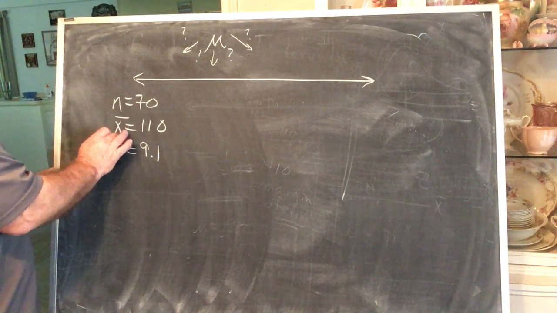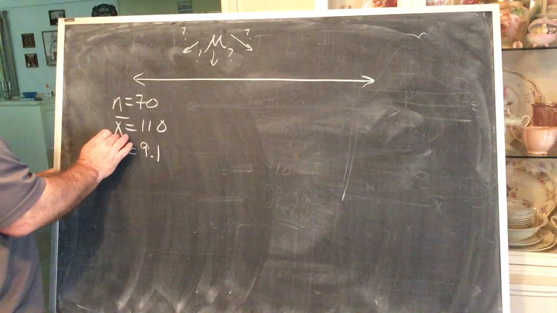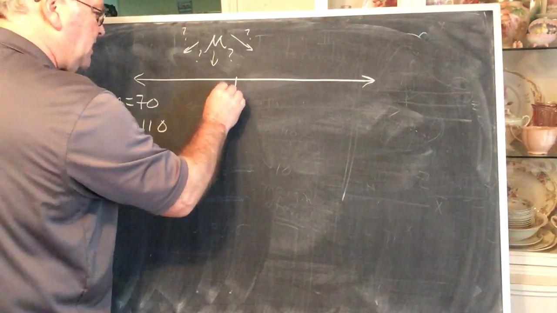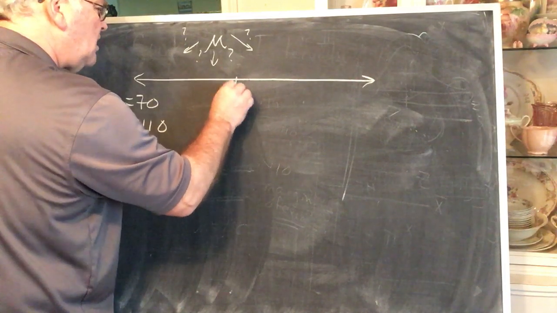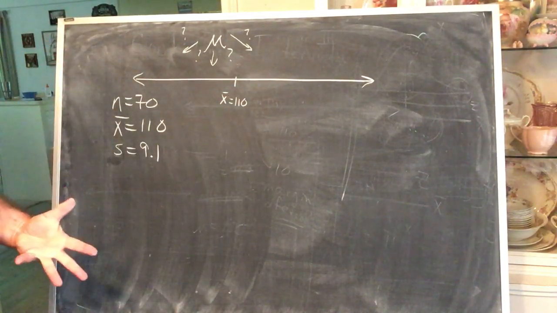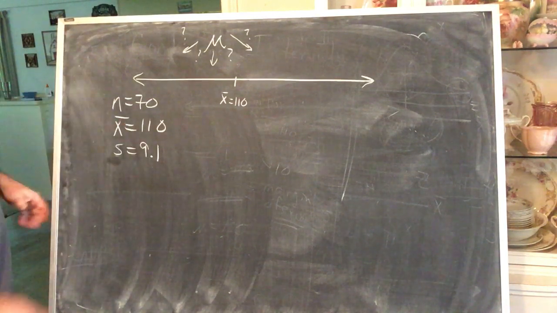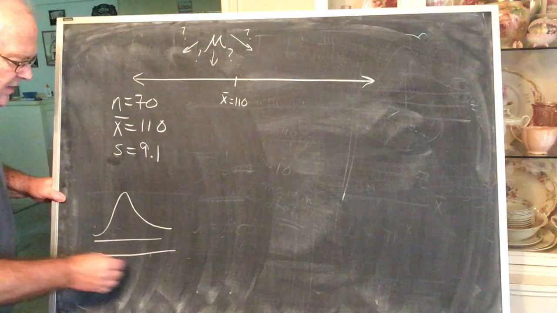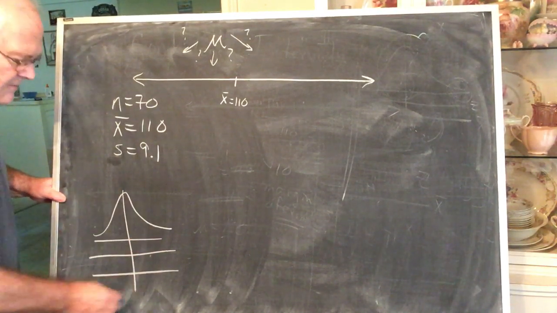Now, here's the thing. The sample mean falls at, let's say, 110. Remember that we have working for us the central limit theorem, right?